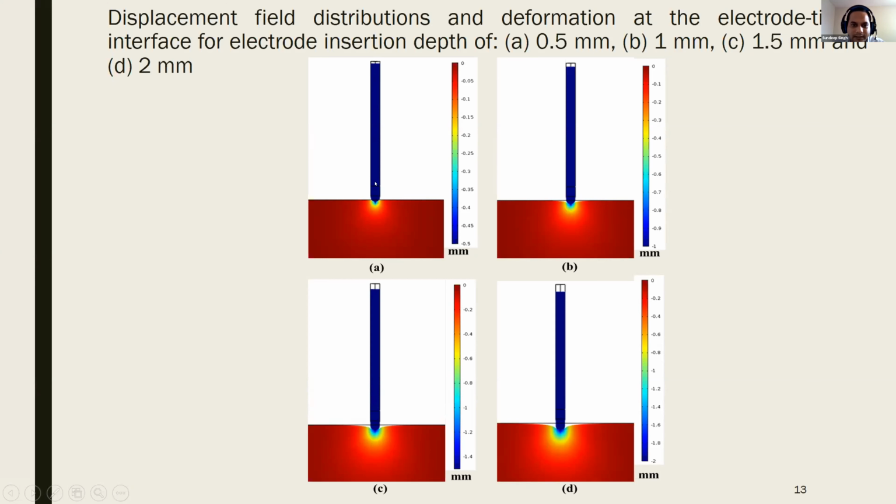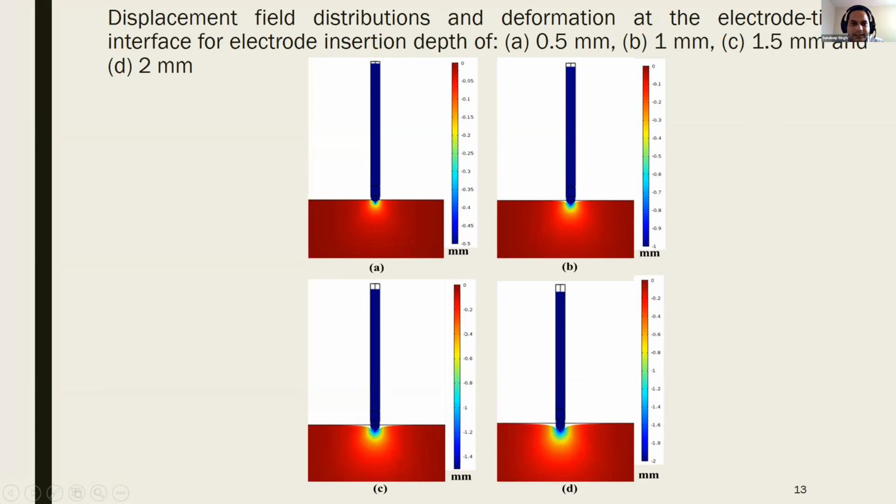As you can see, if I increase the insertion depth from 0.5 to 2, you can see a slight deviation of the tissue. This deviation could possibly result in overestimation of the ablation volume if we assume a sharp insertion of this electrode instead of accounting for this deviation.